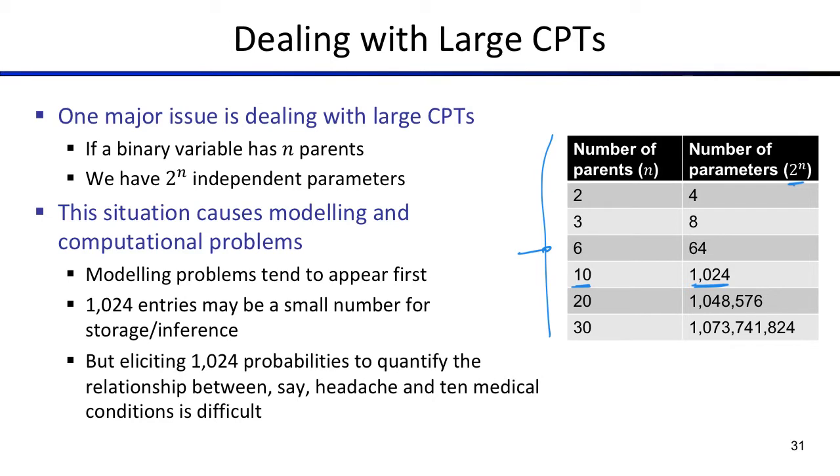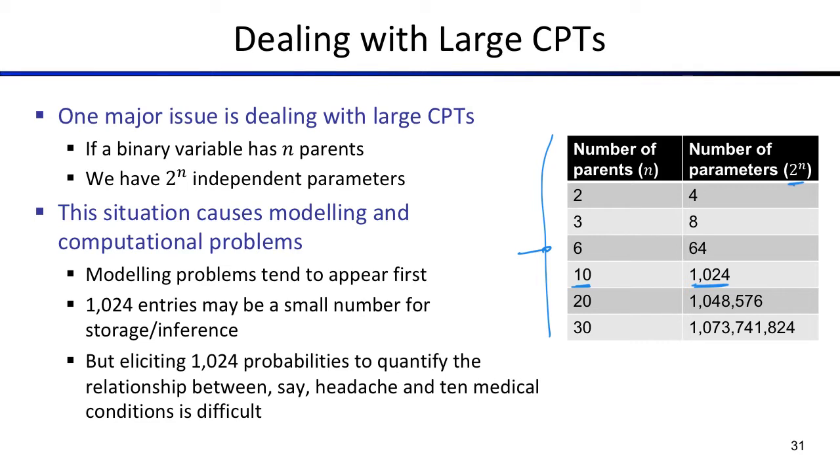and expect that the person will be able to accurately estimate what's going to be the probability. There is also the computational problem, but that computational problem tends to occur for an even larger number of parents. That is the exponential growth of the tables. If you imagine 10, it is already a problem for modeling because it's already difficult to elicit these 1,000 probabilities, but it's not difficult to store 1,000 probabilities or even compute anything that we want to compute for 1,000 entries.